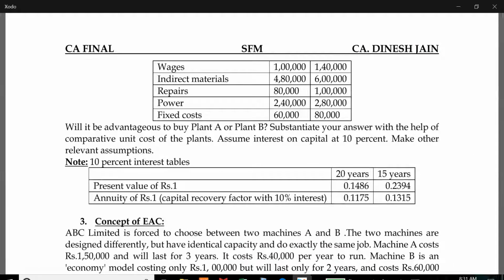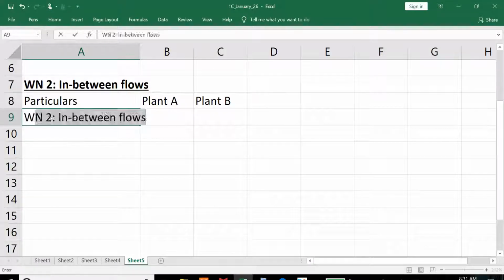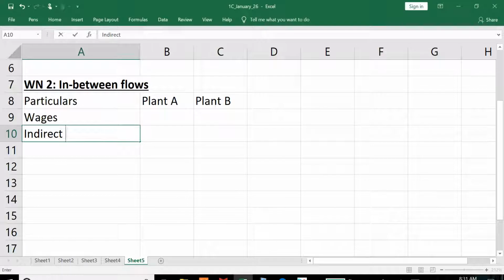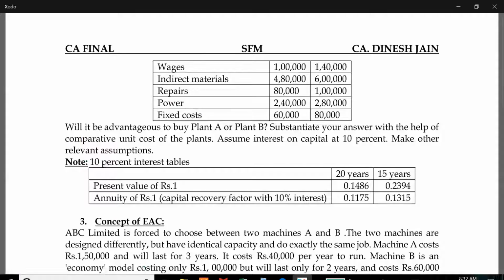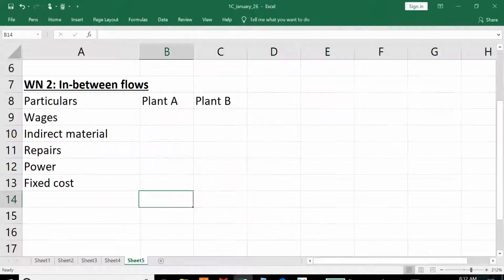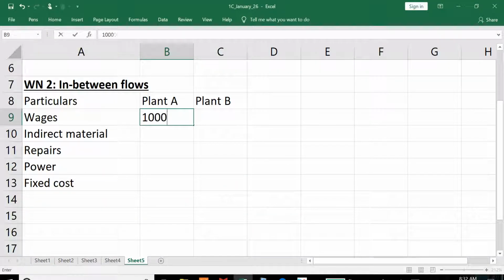Regular costs: write those wages, indirect material, repairs, power, fixed cost. So, all expenses you can note down. All outflows will be positive for us.